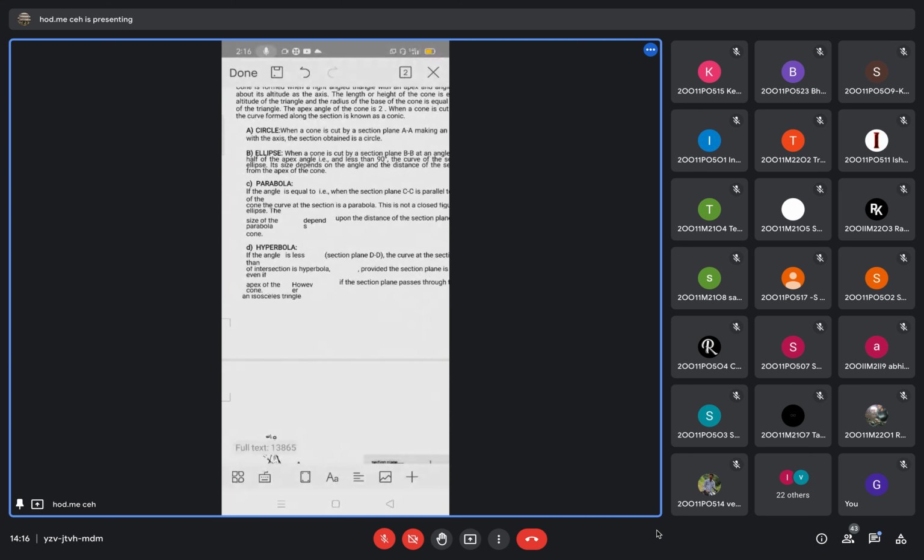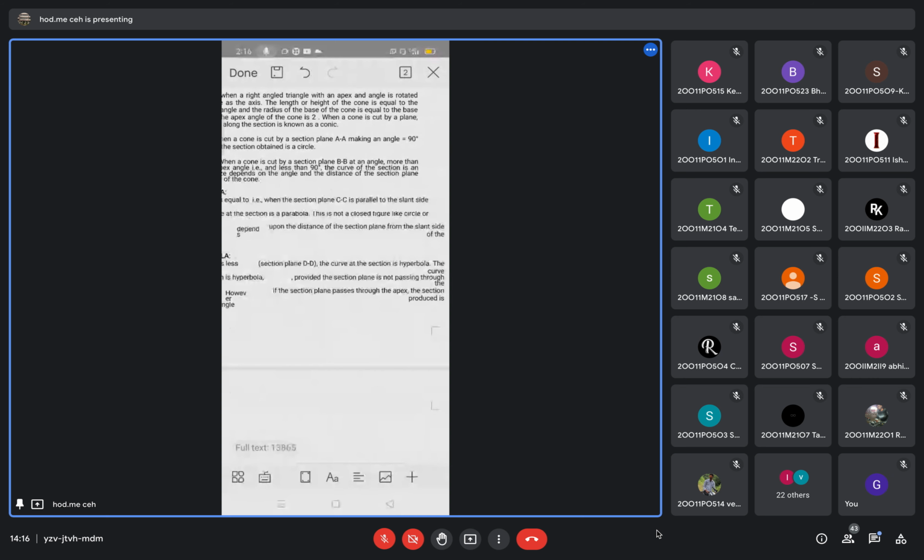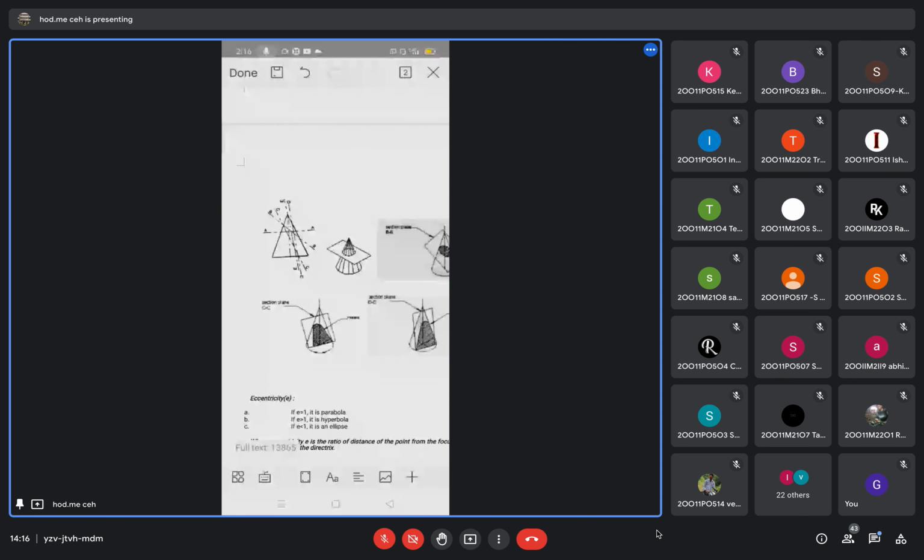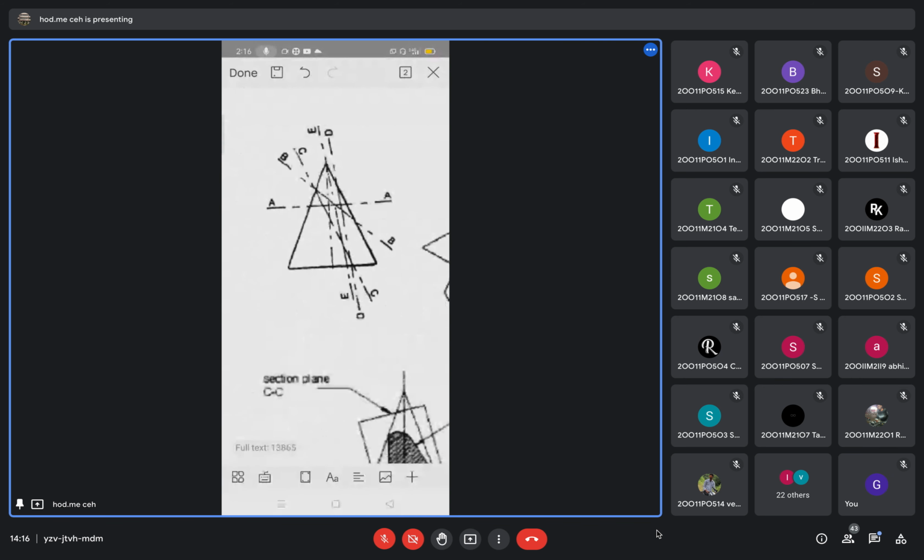Okay. The first, the circle, is when the plane is perpendicular to the axis, making exactly 90 degrees. Cut the cone like this and the section is a circle.